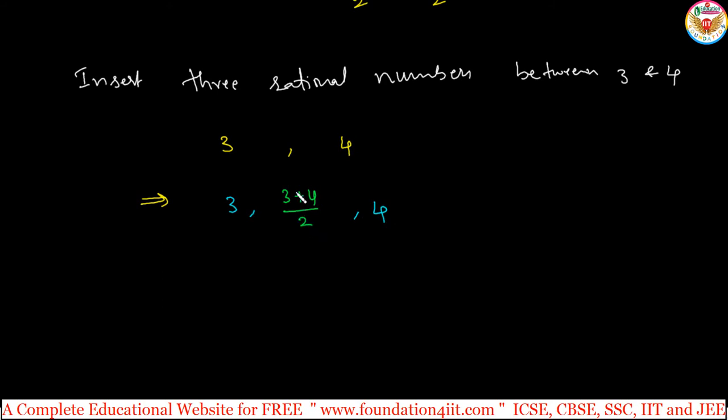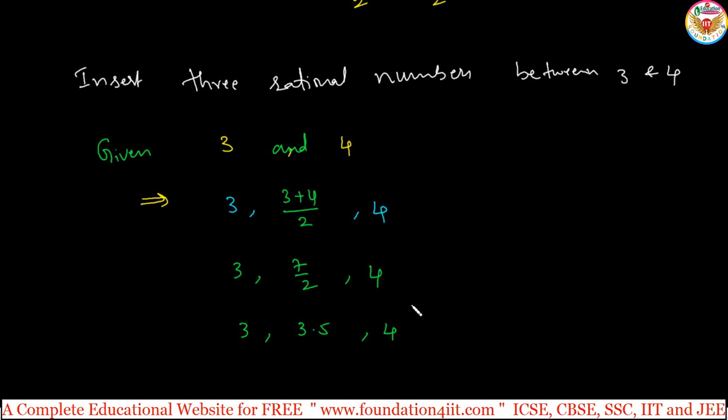So 3 comma 3 plus 4 is 7 by 2 comma 4. So 7 by 2, one number we got till now. So 3 comma 7 by 2, which is 3.5 in decimal form, comma 4.